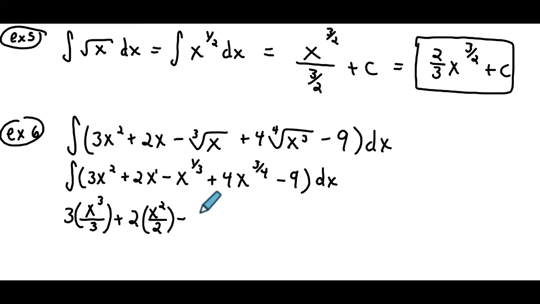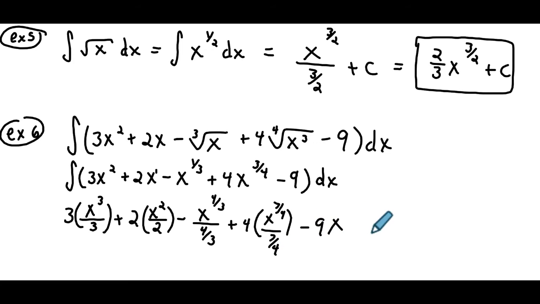And then here we have x to the 1/3, so 1/3 plus 1 is going to give us x to the 4/3 power over 4/3. And here we have x to the 3/4, so we add 1, so 3/4 plus 4/4 gives us x to the 7/4 over 7/4, minus 9x plus c.